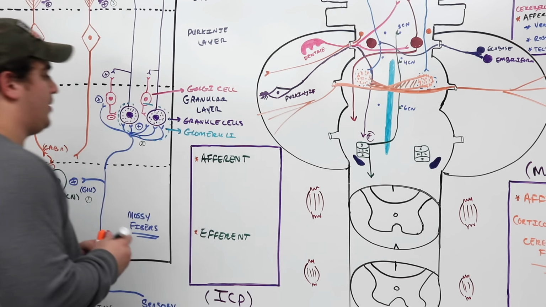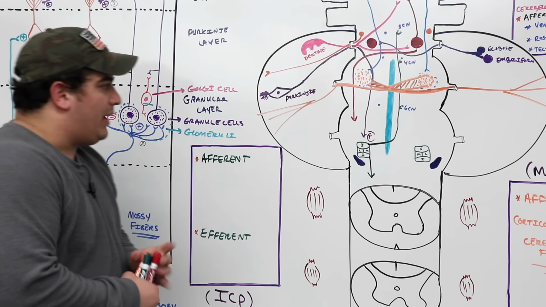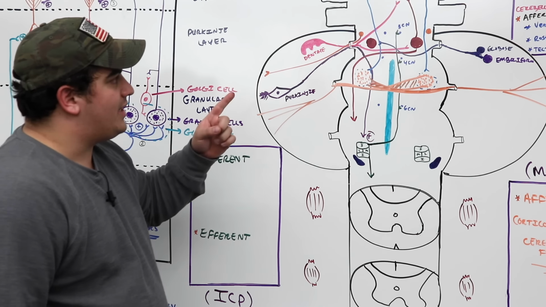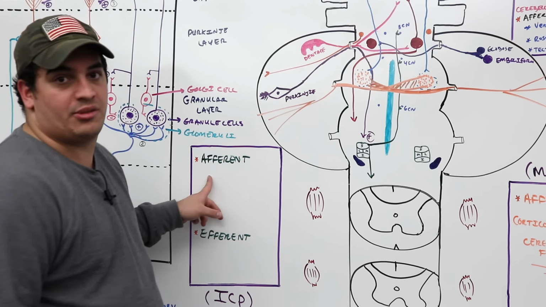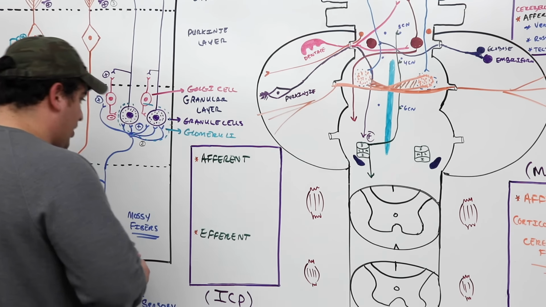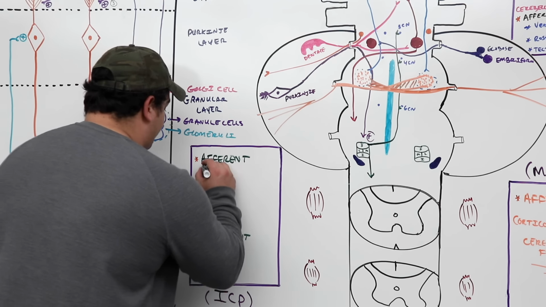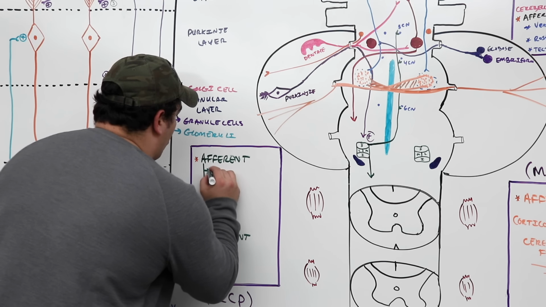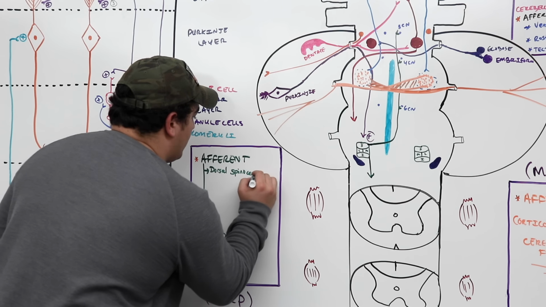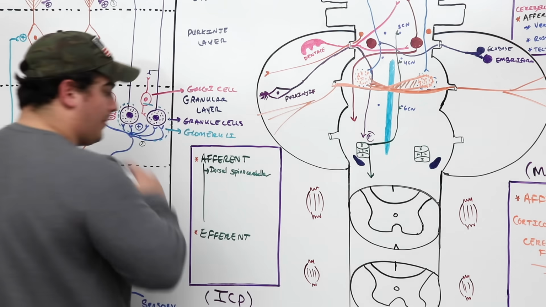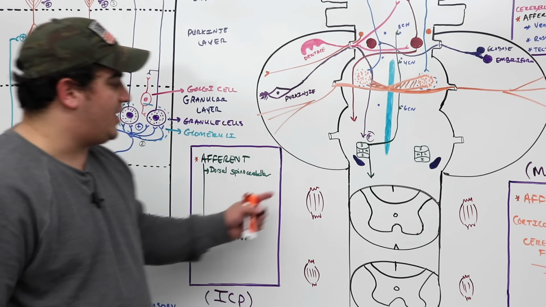So the afferent ones. The big one is, remember we said for the SCP it was ventral spinocerebellar tract. I want you to remember dorsal spinocerebellar tract for the afferent. Remember that one comes in.